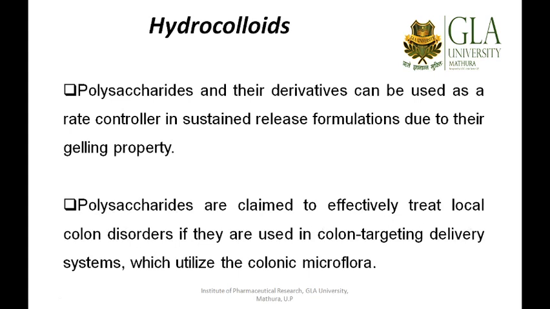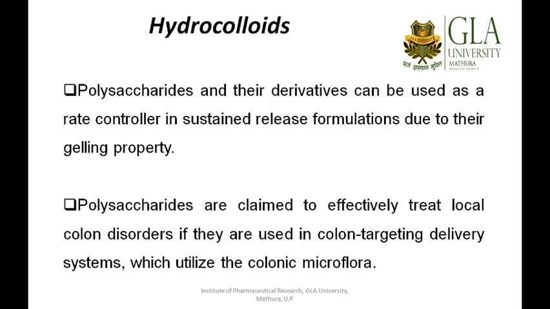So if we can use polysaccharides, we can also treat certain local colonic disorders, and as I was mentioning in my introductory session, we can use these polysaccharides for a colon targeted drug delivery system, because there are certain microflora in the colonic environment which can digest these polymeric coatings made up of polysaccharides.